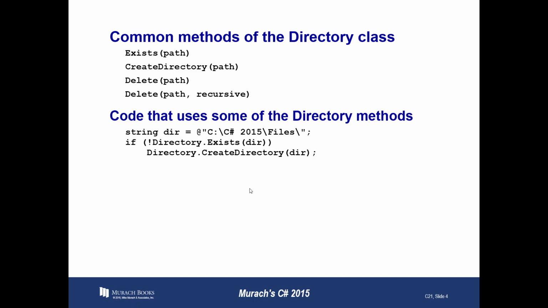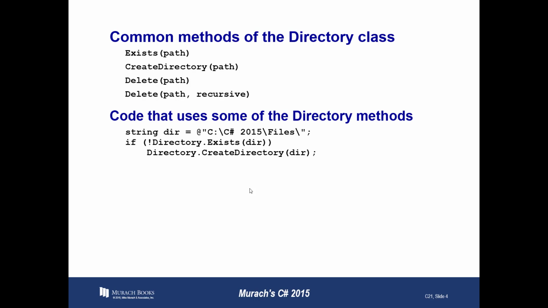Alright. Some of the methods of the Directory class, notice Exists. You can check to see if the file exists, if the file path is correct, etc. CreateDirectory. If something doesn't exist, you can create a directory. Delete. And that last one, delete path recursive, in my opinion is like being at the top of the root and saying delete everything underneath me.